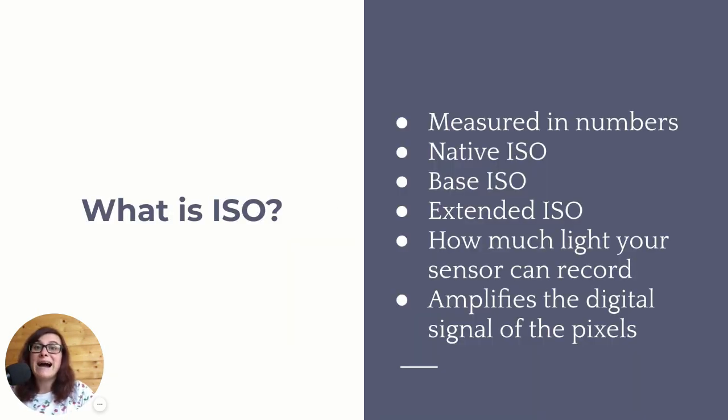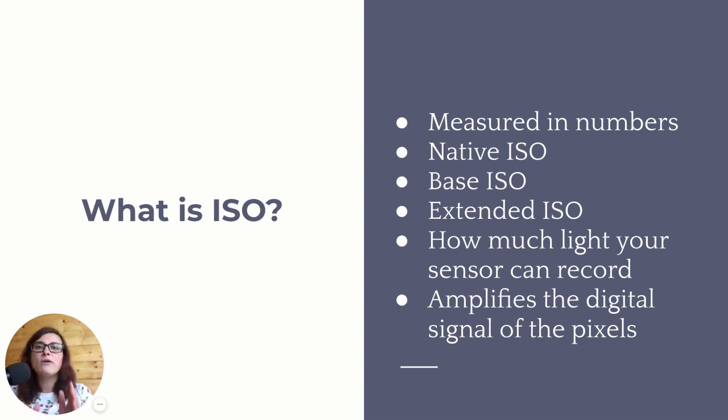So what is ISO? The ISO is a range of values and it's measured in numbers. Native ISO basically depends on your camera brand and model, but it means it's the range of values that your camera will have as standard values.